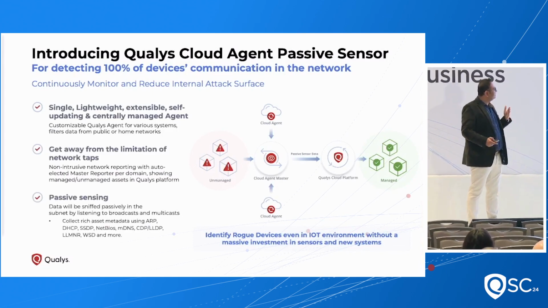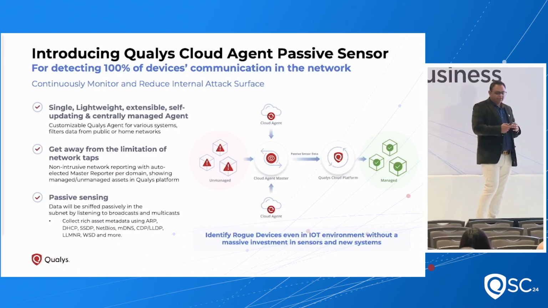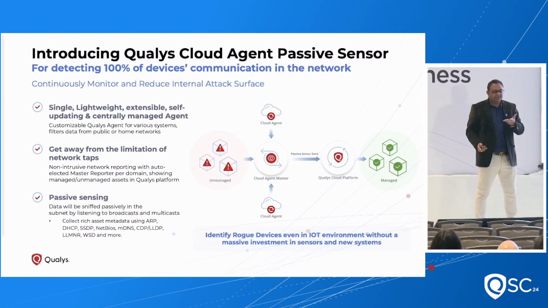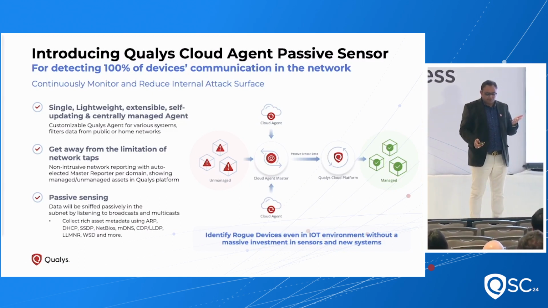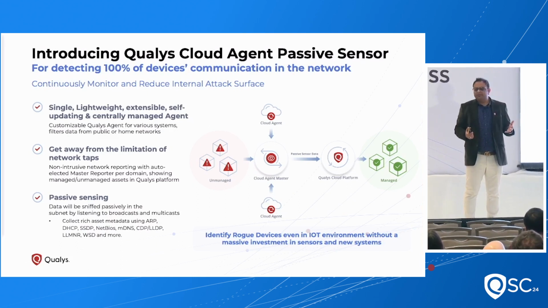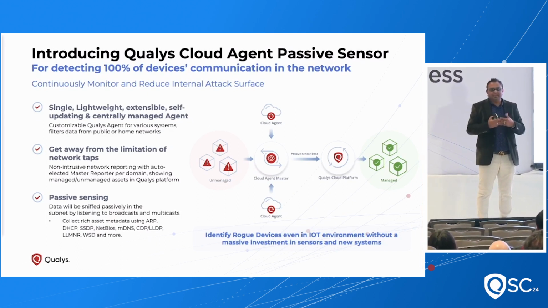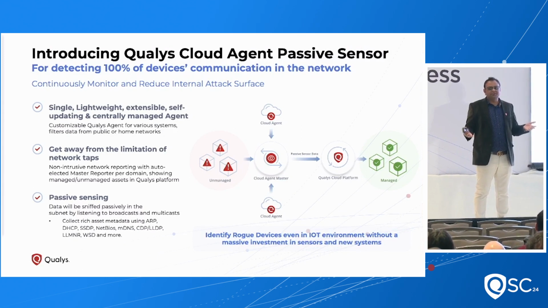Now let's quickly jump onto the internal attack surface, right? This is where Himanshu showed a very interesting demo that the agent that you have deployed in your environment, now we are maximizing ROI on your agent deployment.